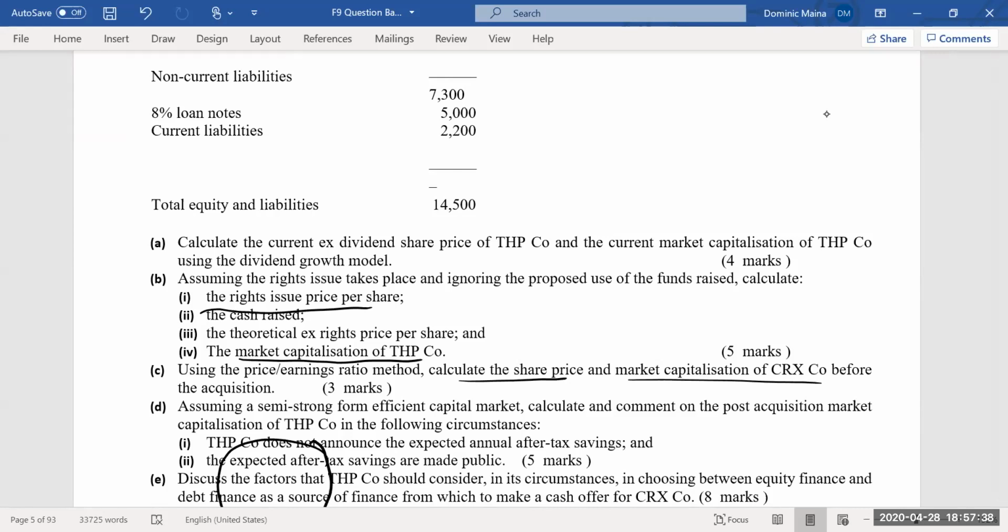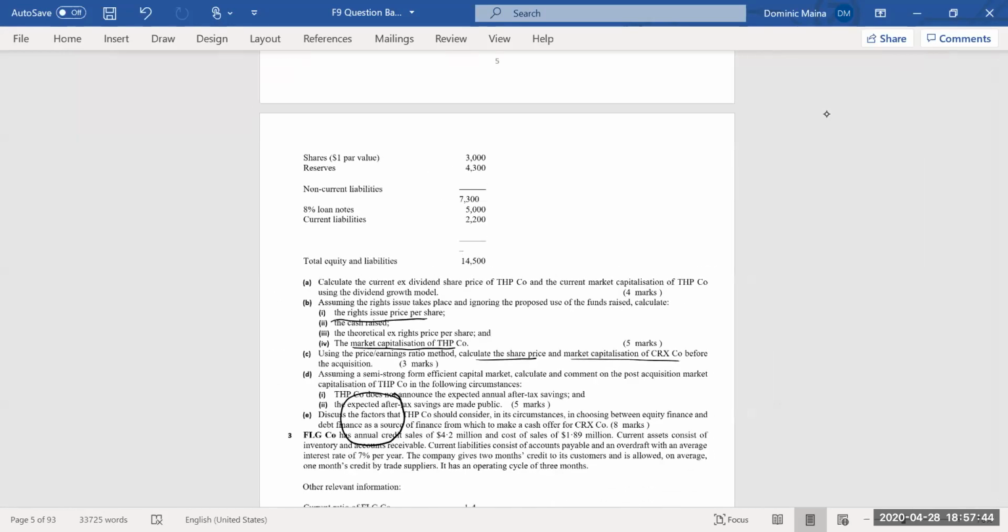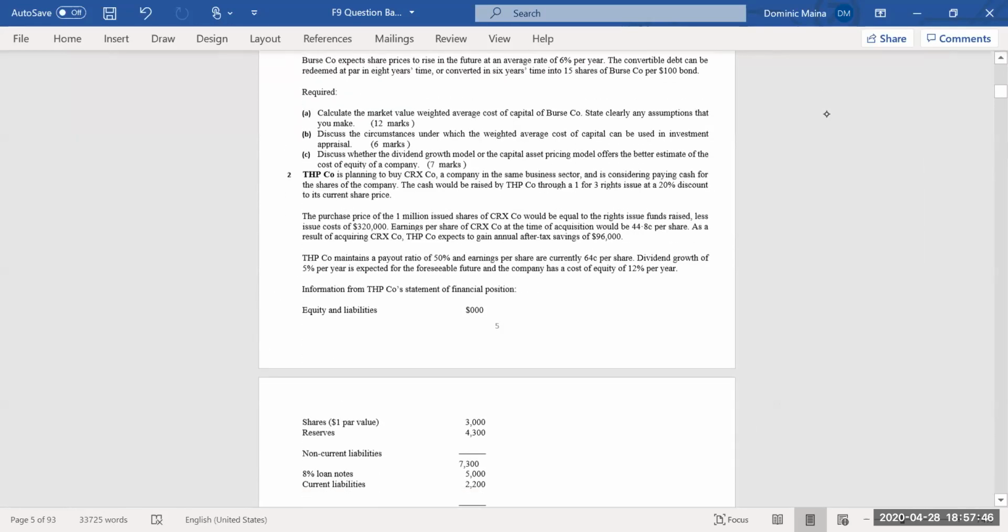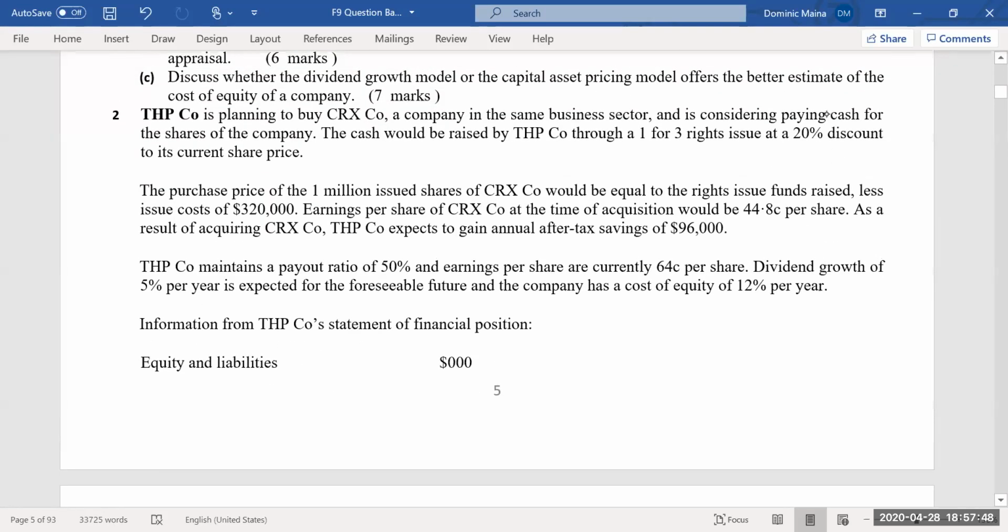Now, how do we get the theoretical strike share price to get the rights issue price? The question tells us the company is planning to issue shares at 1 for 3, at a 20% discount from the current market price per share.